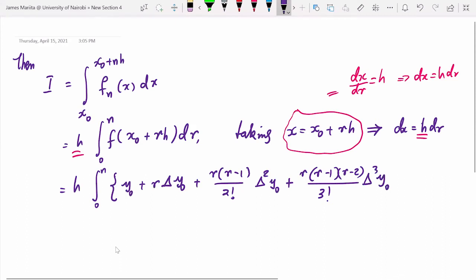We should recall that in this case we have used the forward difference interpolating polynomial. Let's call this equation 2.